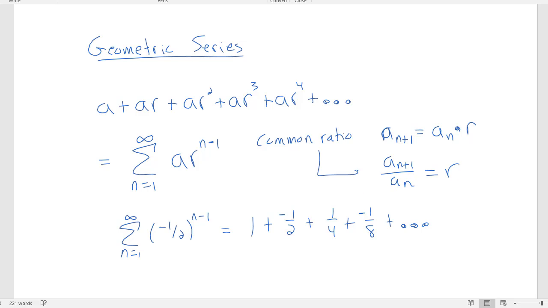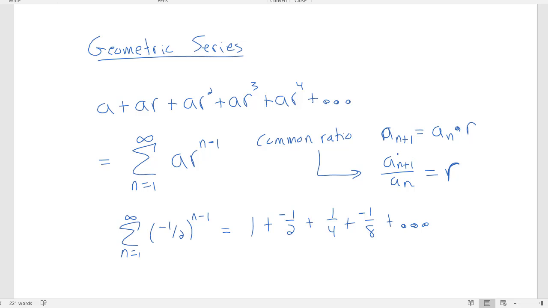This is usually how you see the common ratio defined within a calculus textbook, or sometimes a pre-calculus textbook. And this is where it gets the name common ratio, because this ratio of two adjacent terms is what my r value really is. If I take any two terms that are next to each other and divide them, I'm always going to find that common ratio.